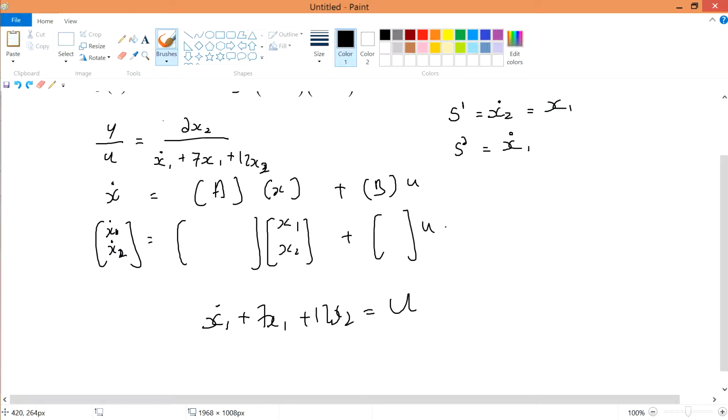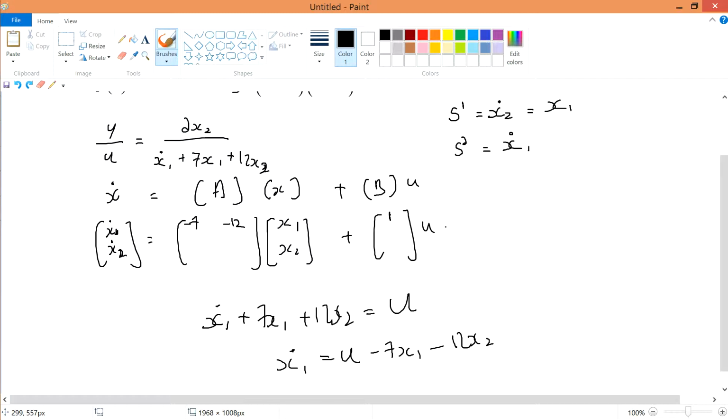If you remember, output over input is your transfer function. But we want to write in terms of x1 dot, so I'll write x1 dot is equal to u, and then minus 7x1, because I bring this over to this side. And then minus 12x2. So minus 7x1 is simply minus 7 times x1, minus 12x2 is simply minus 12 times x2, plus 1 times u over here.